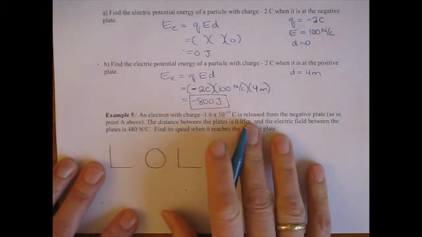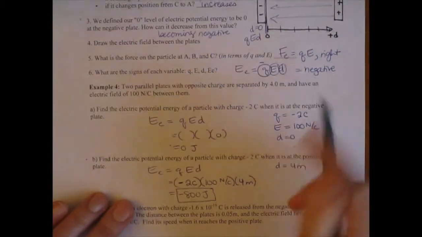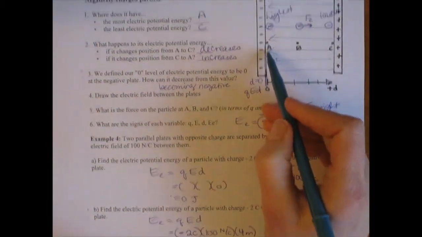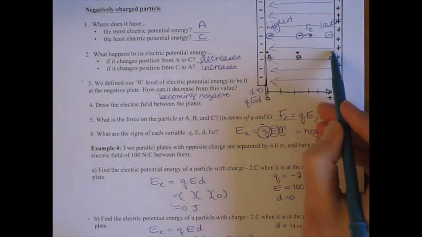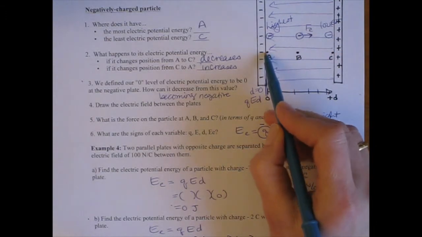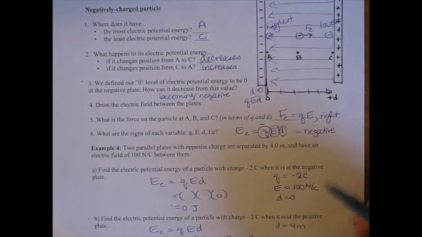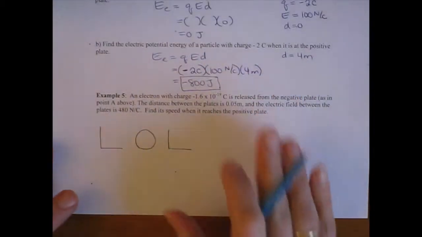Okay, and let's see if this makes sense. 0 joules, -800 joules. So it should decrease in potential energy as it goes this way, and sure enough it did. It went from 0 joules to -800, so that's a decrease in electric potential energy.